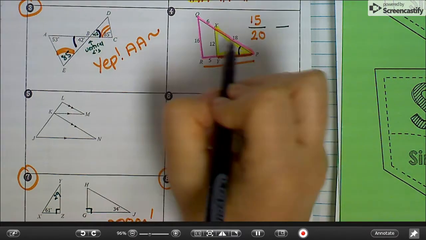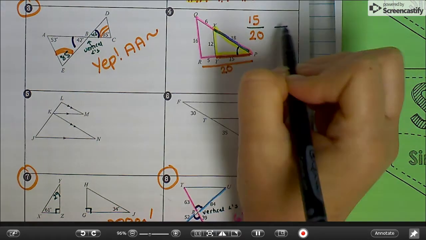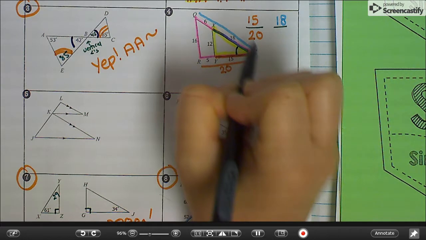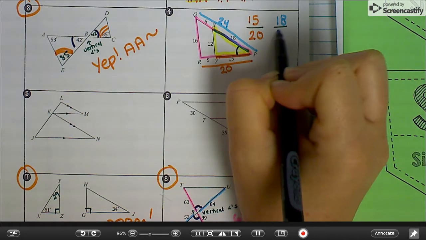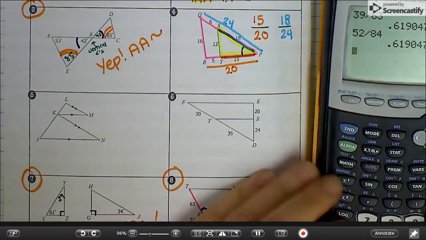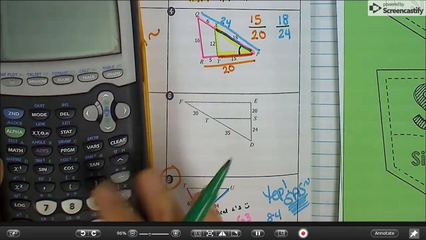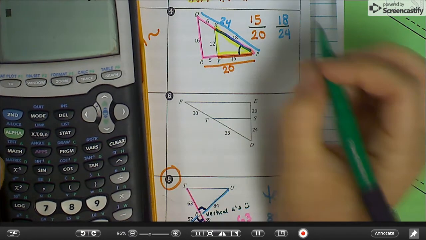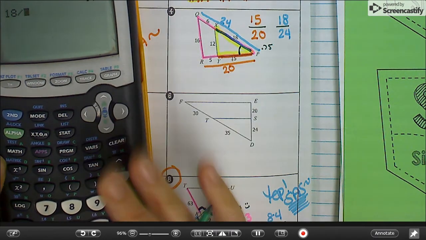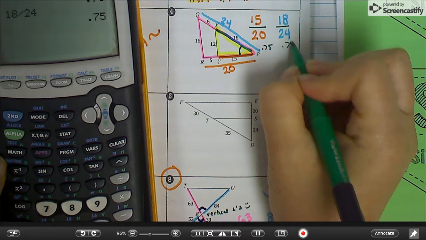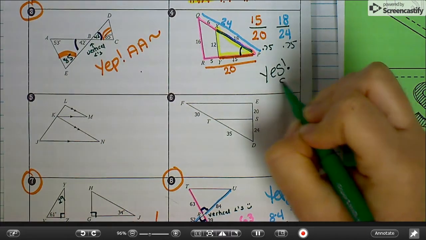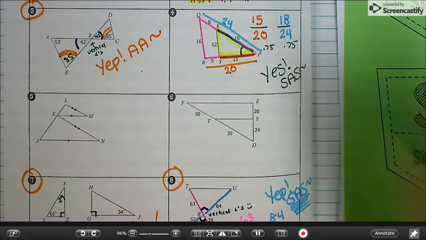And the other side, we have 18 for the small one over the whole thing, QP, which would be 6 plus 18, which is 24. All right, we're going to check to see if those are proportional. 15 over 20 is 0.75, and 18 over 24 is 0.75. Since these are the same, then yes, these are similar by side angle side similarity.